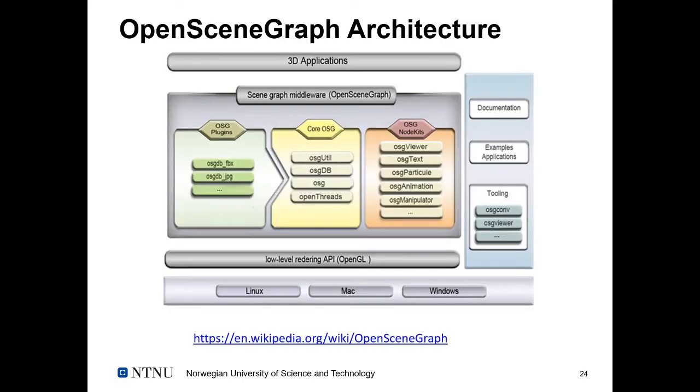Now, the reason why we look at this is that it basically runs neatly on top of low-level rendering APIs like OpenGL, so it's perfect for our purposes. And of course, our 3D application then runs on top of this scene graph middleware. Within here you have some plugins, some core utility functions, as well as node kits, which I'll get back to in more detail.